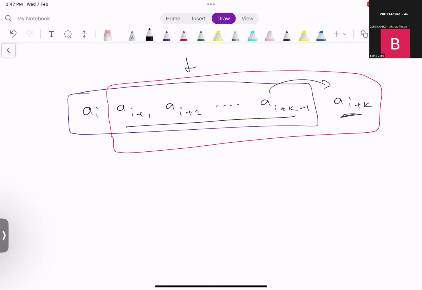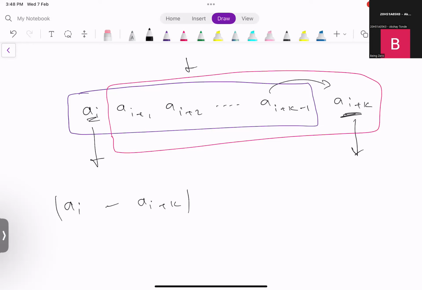This part will remain the same for both of the arrays, so it is added to the sum of both arrays, which leaves us this and this part, right? Now, from this we can say that this value and this value, basically A_i minus A_(i+k), okay?